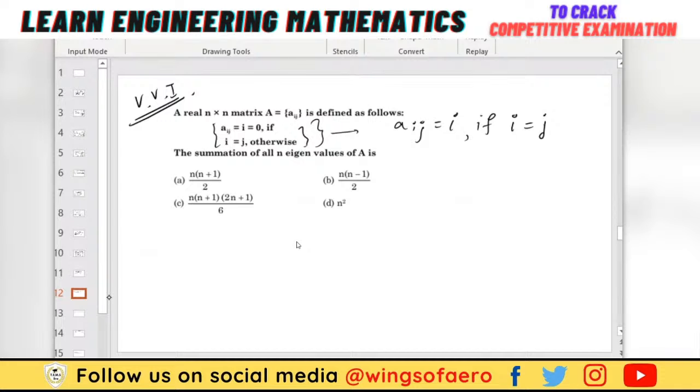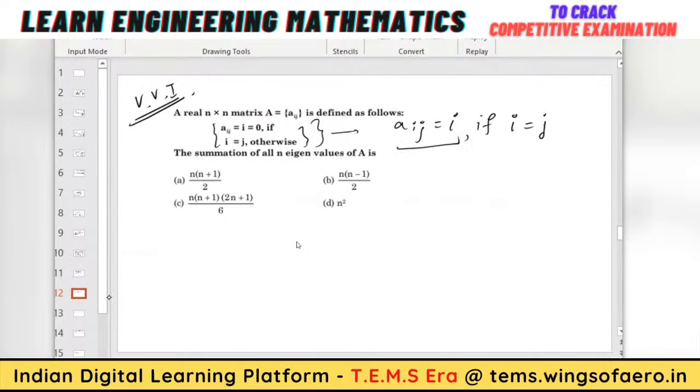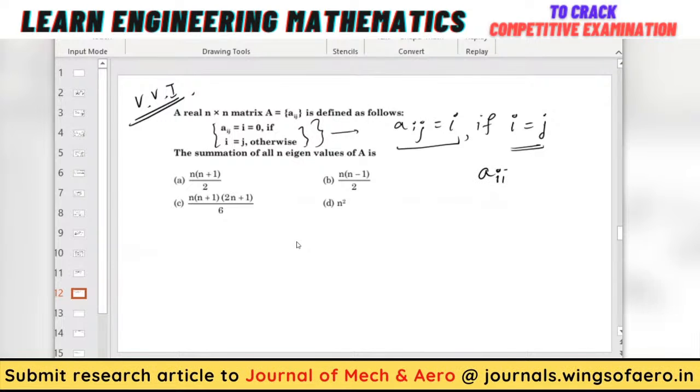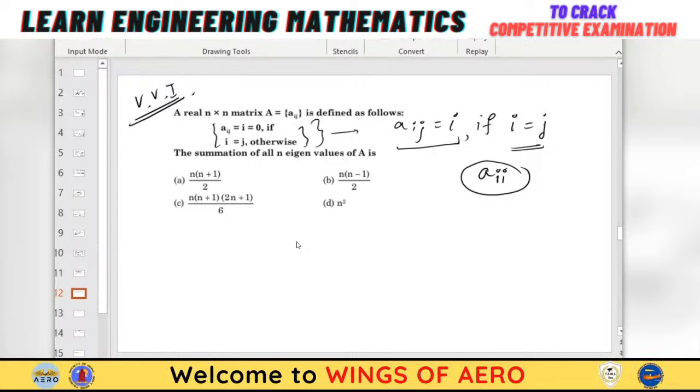And Aij is defined as: Aij is equal to i, where i means the number of rows, if i is equal to j. I is equal to j means aii, only the aii elements, that is a11, a22, a33, a44, like this.